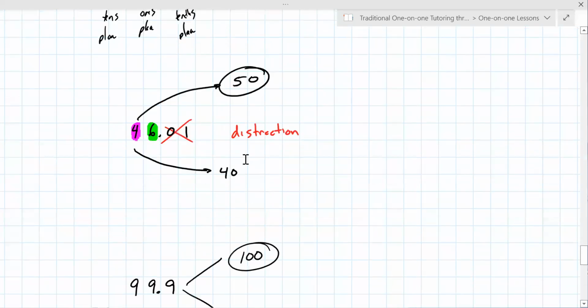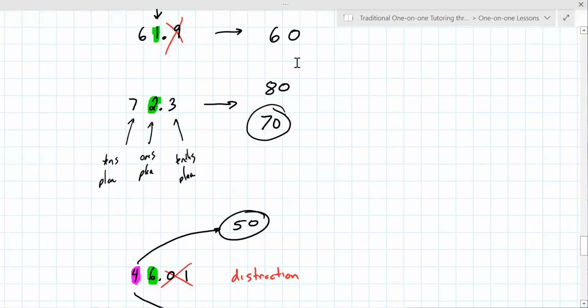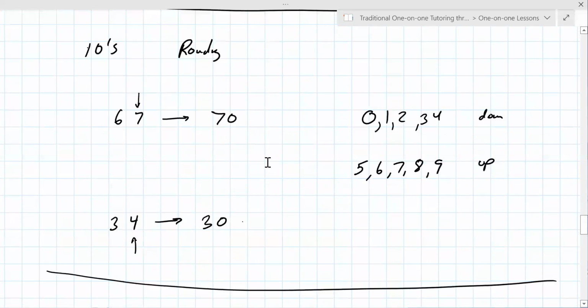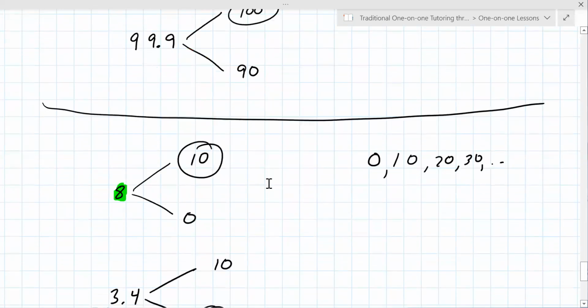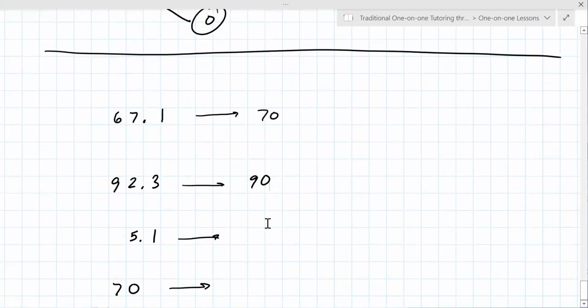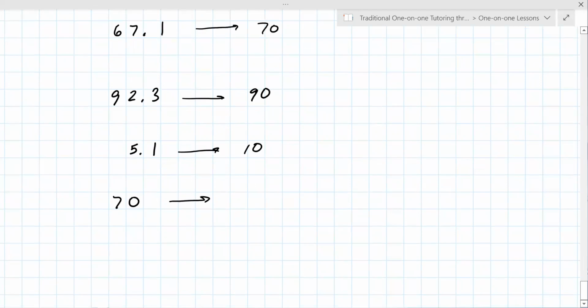Do you see the pattern? There's got to be a 0 at the end. So this can't round to 5. 10. Okay, and how about the next one? 70. Perfect. Very good.